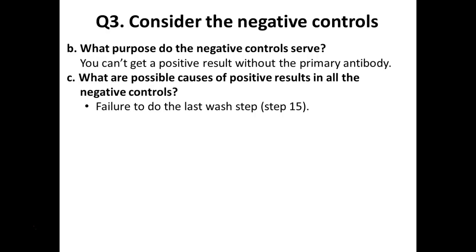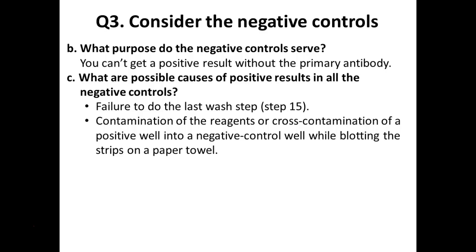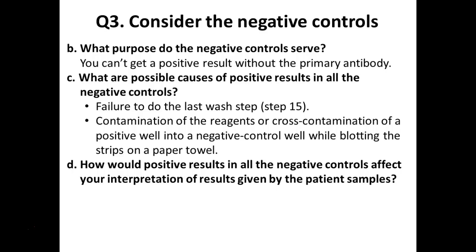But the negative control shouldn't have it in there, so that shouldn't be an issue. Contamination, again, this is why, especially on this next one, we want to tip sideways. We don't want to cross-contaminate well to well, although that wouldn't necessarily contaminate the whole thing. But definitely, you don't want to re-blot on your paper towel, right? You want to hit on different sections, so you don't pick up anything from the paper towels as well.